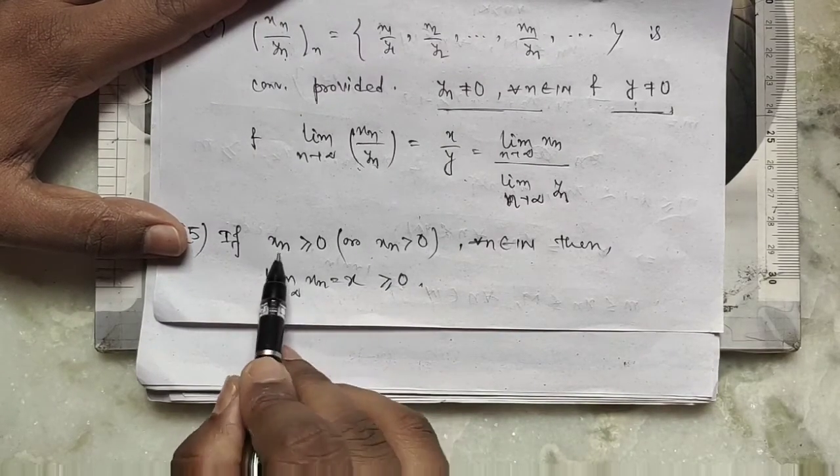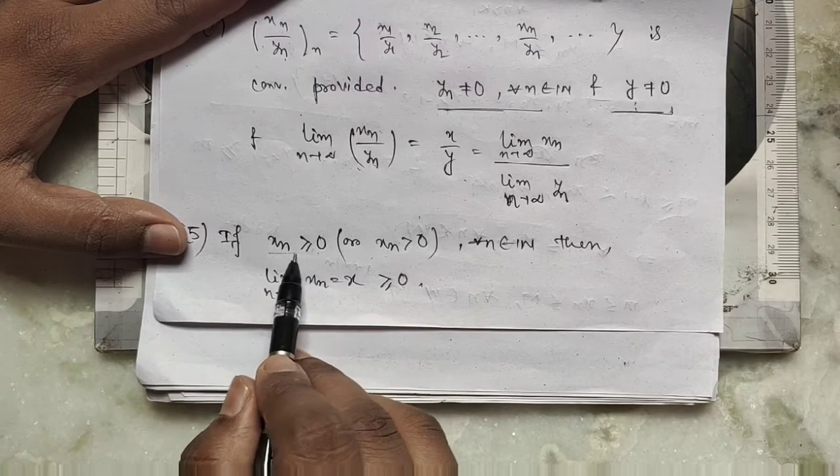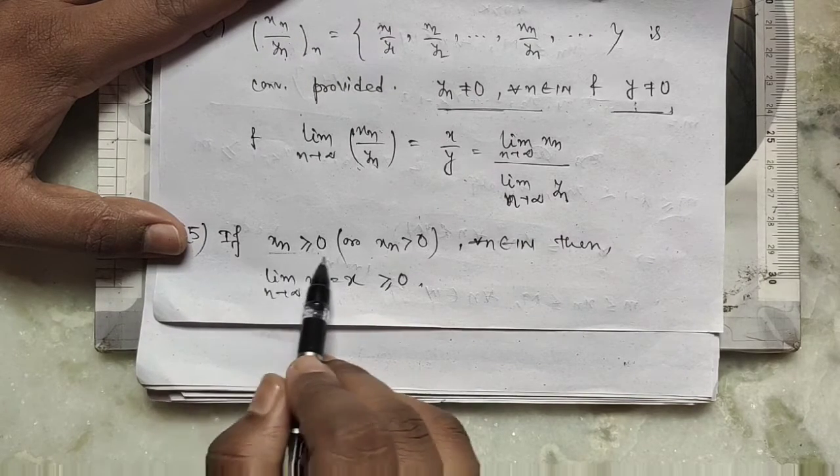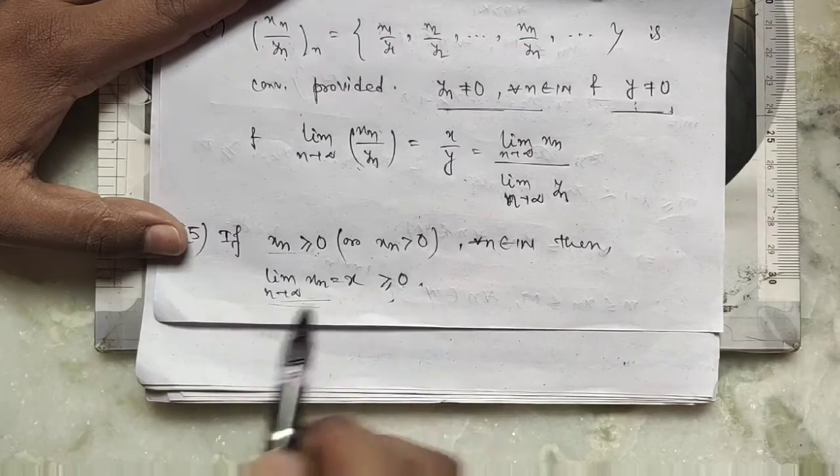If each term of a sequence is non-negative, then the limit is also non-negative.